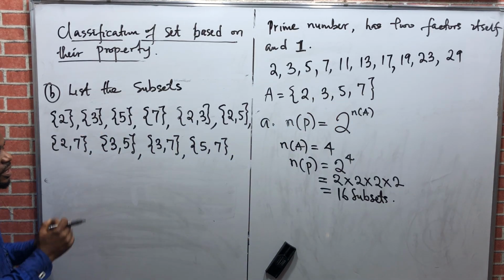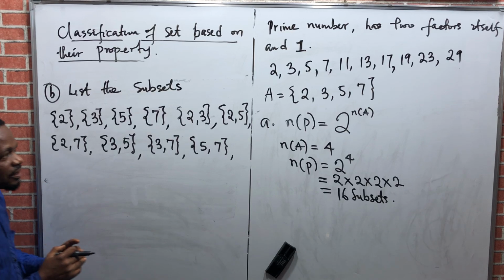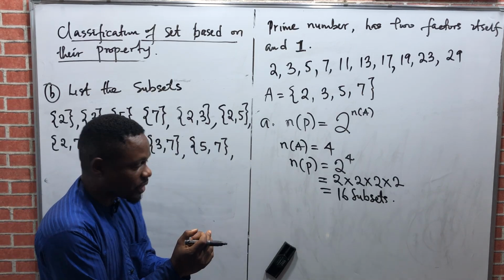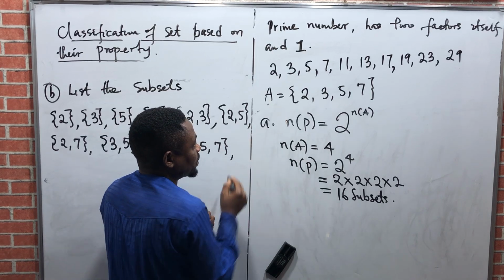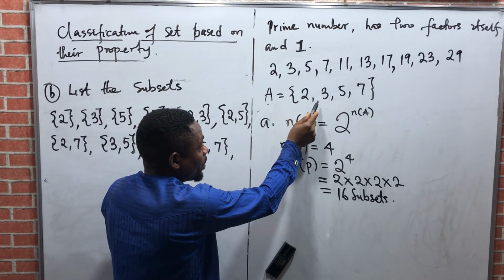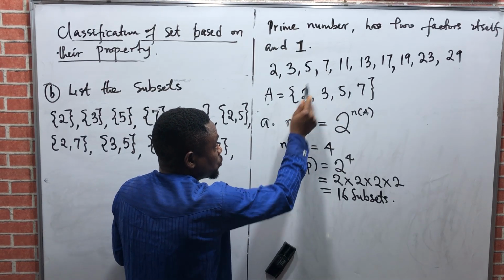Then the next thing is 3, 3. Everyone say 3, 3. That is what we want to subset now. From the question I wrote earlier, this is 2, 3, 5. I will use 2 to roll it again.